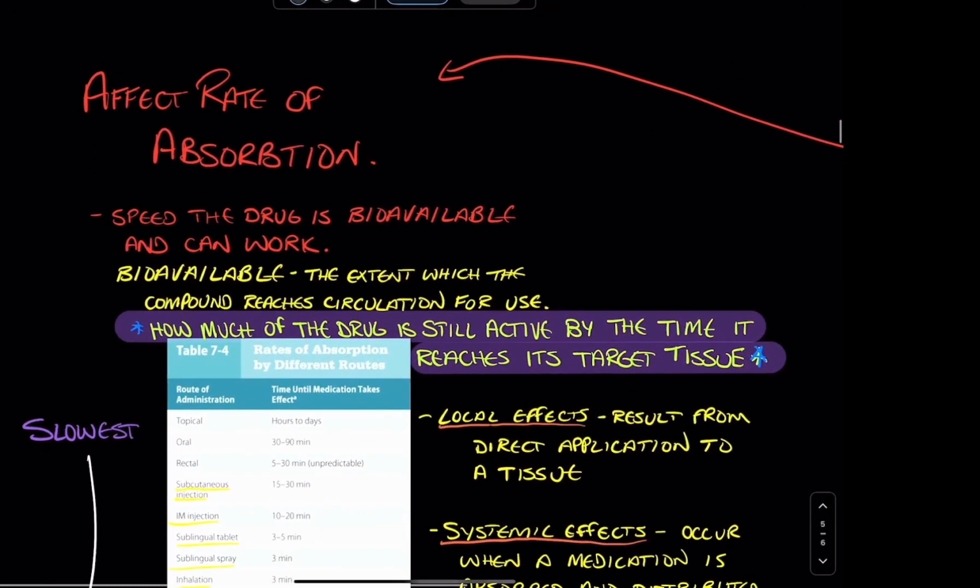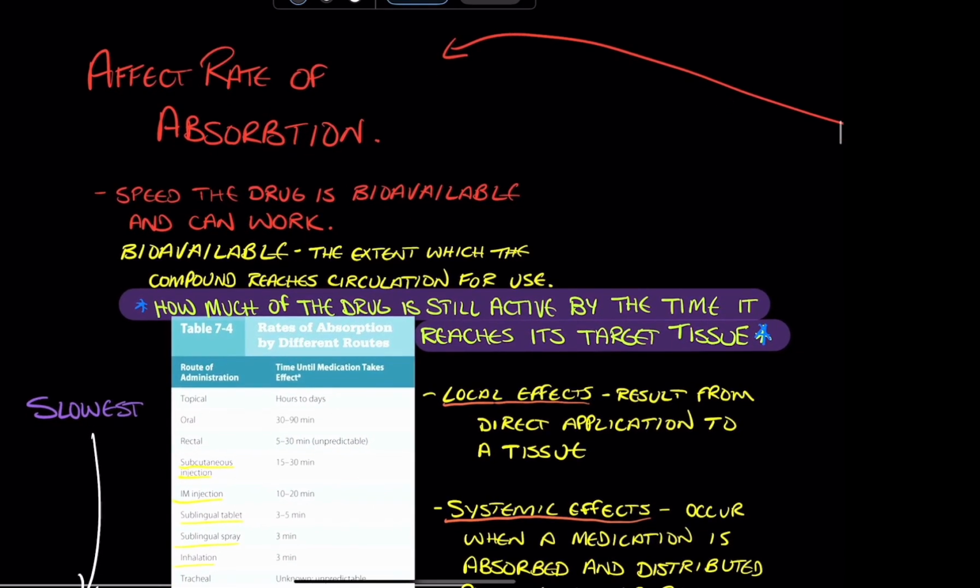So when we look at these different routes of medications, again, important to remember that these are going to affect the rate of absorption. When we look at something like a tablet or a suppository, that's a medication that has to get put in a rectum or something like that, and it's going to have to melt.